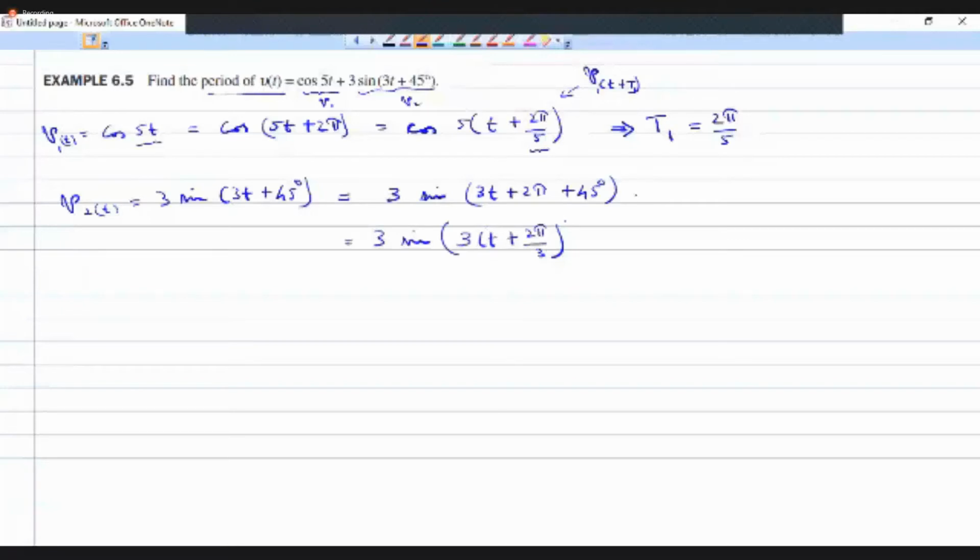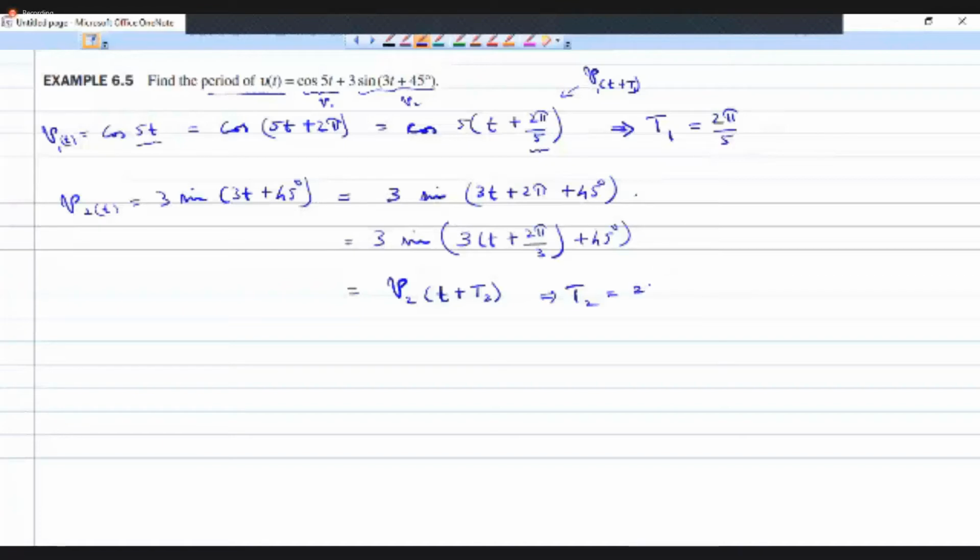Now when we compare this with v2 of t plus capital T2, this is the time period of this 3 sine 3t plus 45, we can write T2 is equal to 2 pi by 3, right?